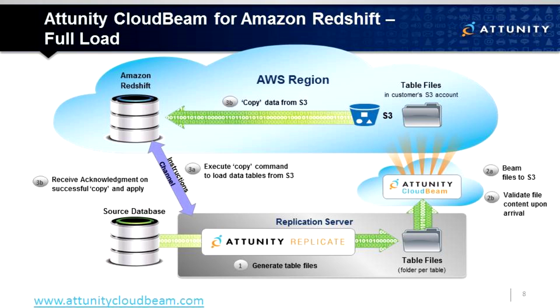The S3 bucket is maintained by the end customer themselves. From there, Tunity Replicate validates the file content upon arrival. Once that's validated via an instruction channel, the Replicate server then executes a copy command to load the data tables from S3 into Redshift. From there, the Replicate server receives acknowledgement on a successful copy and apply.